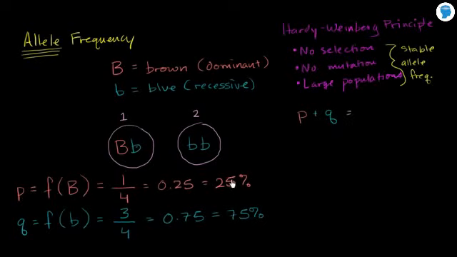Well, you see in this case, it adds up to 100% or 1, and it's always going to add up to 100% or 1, because we're assuming that there's only one of two alleles in the population. So you have a 100% chance of getting one of these two. Whatever the frequency here is, 100% minus that is going to be whatever Q is. So these two things are going to be equal to 100% or equal to 1.